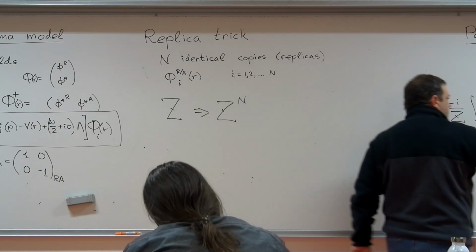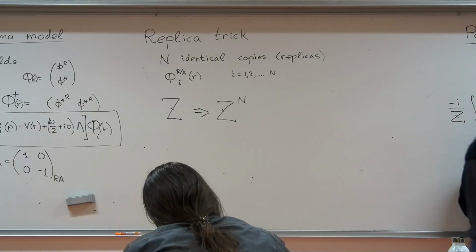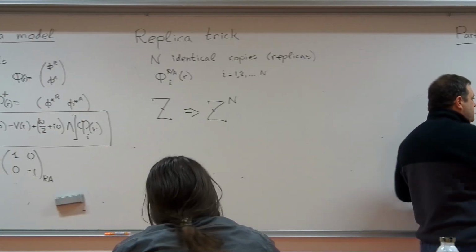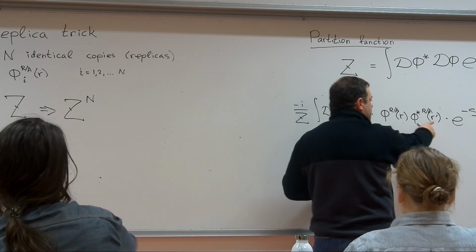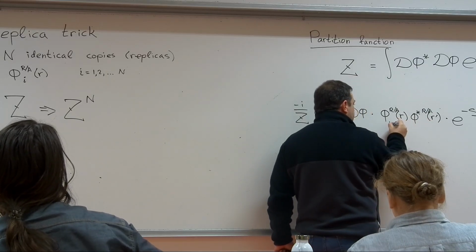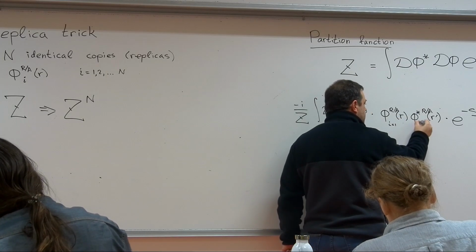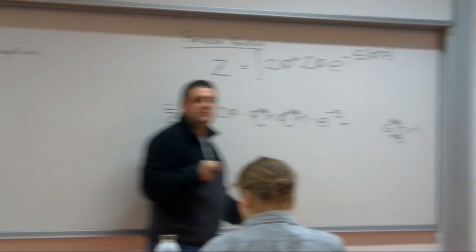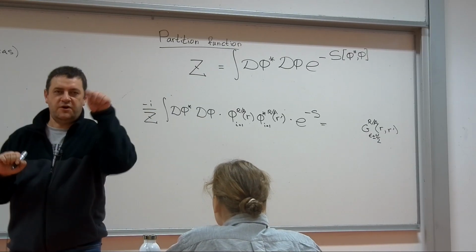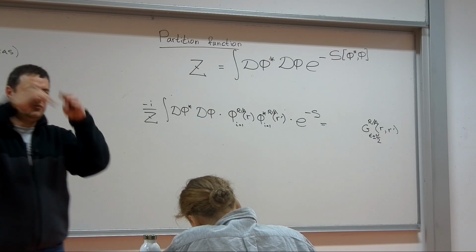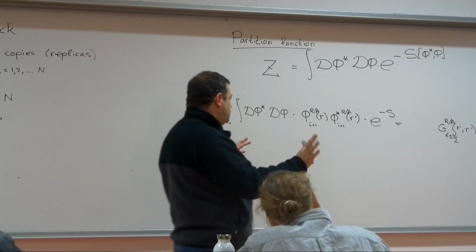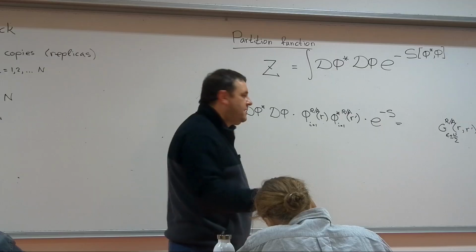And for the Green function, I will use a trick. I need the two fields here, retarded and advanced, in points r and r prime, in replica number 1. So I'm asking what is the Green function in the first copy. I have n copies; I measure something in the first copy. The other copies are just staying behind.